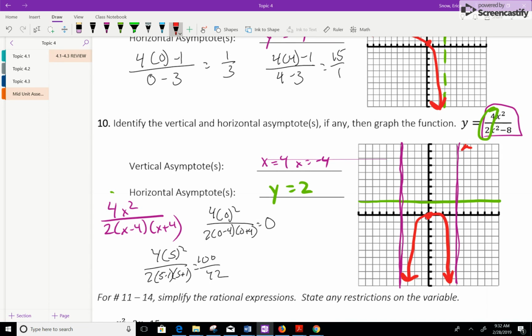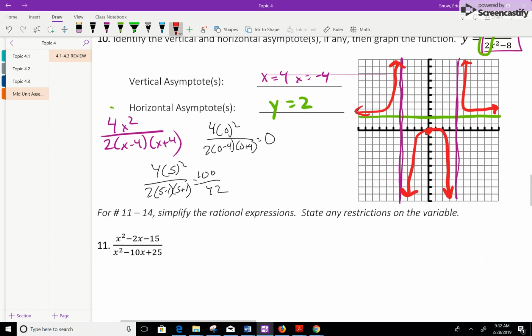So we're going to be up here. And then if we plug in -5, we're going to get pretty much the same thing because 5 squared and -5 squared are the same. So we are going to be up here. So that's what that looks like.